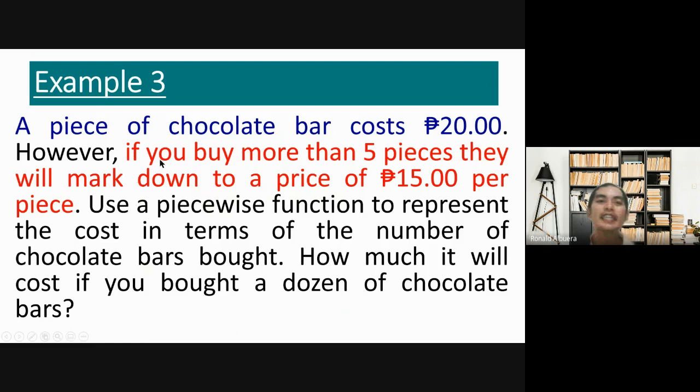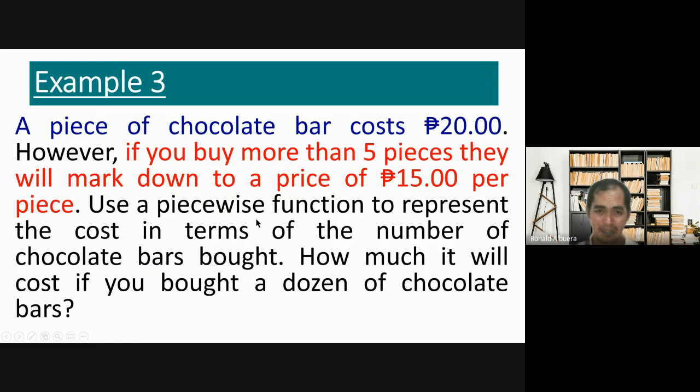Now, ang first step natin ay i-represent mo ang input mo ng variable x at ang output ng variable y kasi function tayo. Of course, ang input mo dito ay the number of chocolate bars. Then yung amount ng chocolate, yun ang variable y or the output.